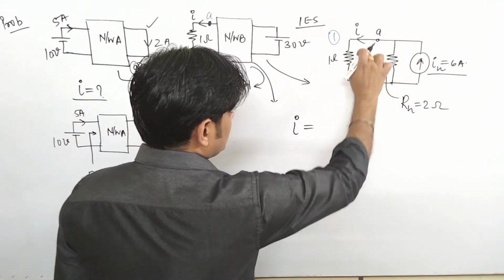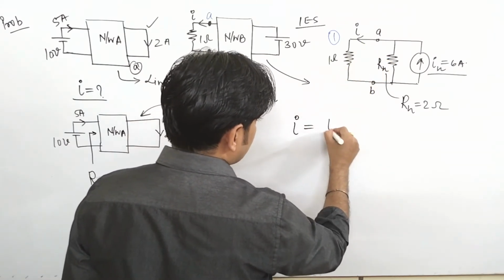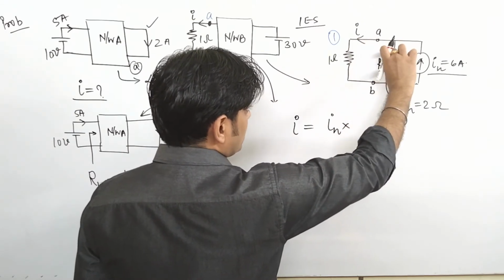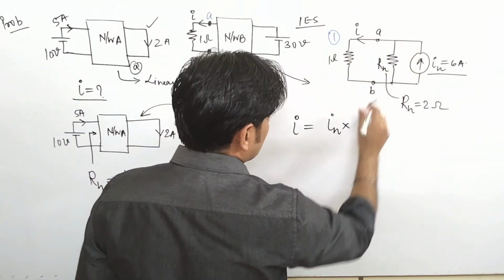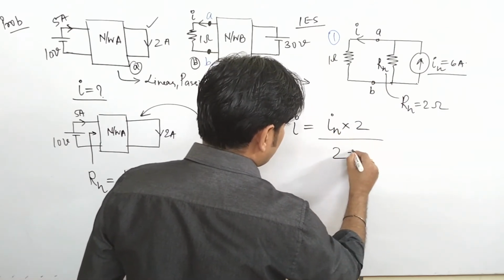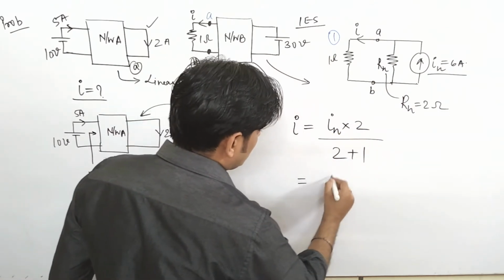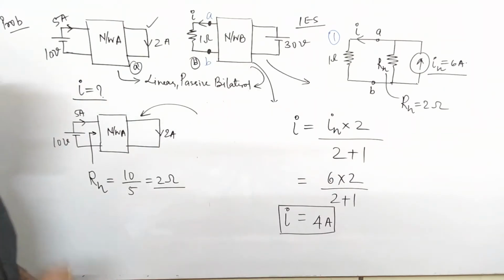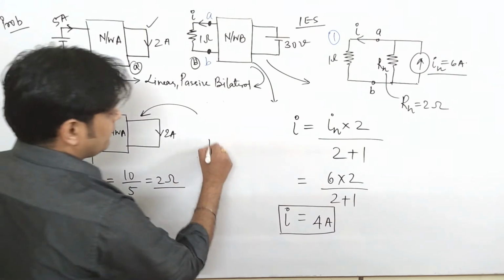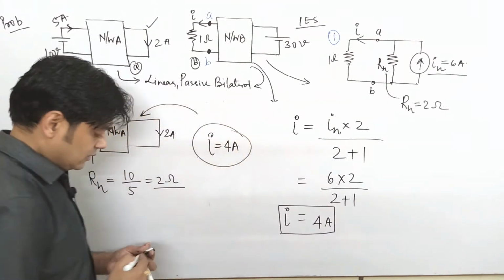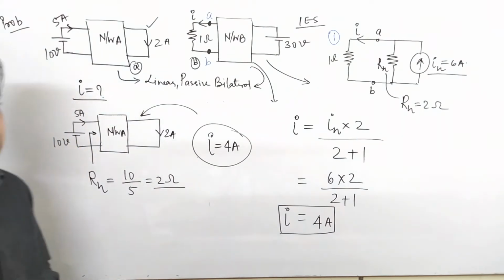So I, this current, is equal to your main current, that is In, into the opposite branch resistance, Rn, that is 2 ohm, upon 2 plus 1. In is 6. So the value of I comes to be 4 ampere. Very important thing. This is your final value of I.